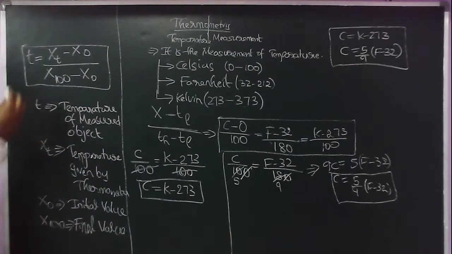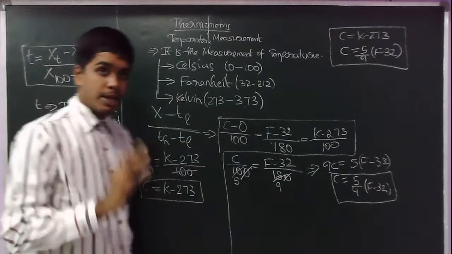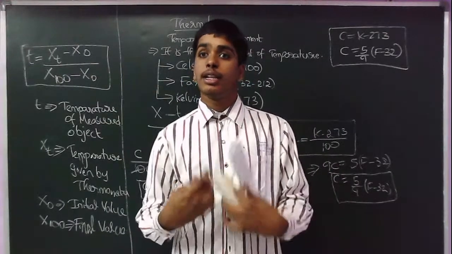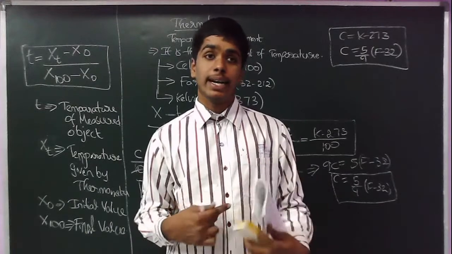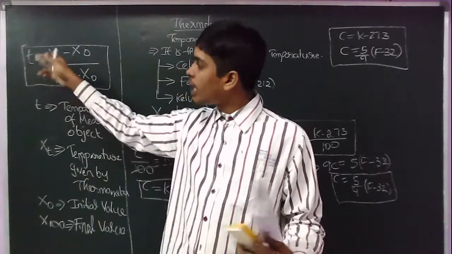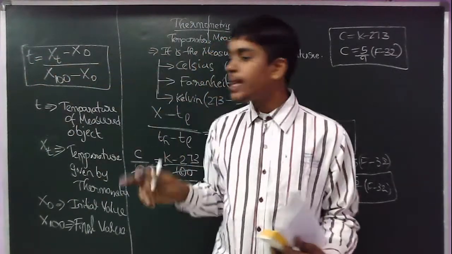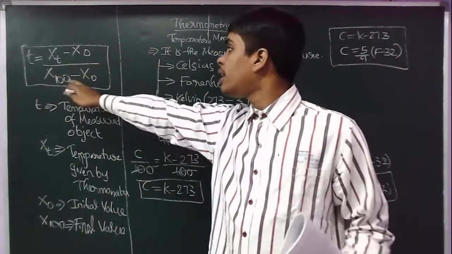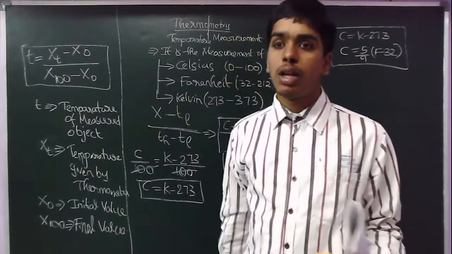Now there is a temperature T of the object. Suppose I am the object. My temperature is 37, and we have taken the Celsius scale, 0 upon 100 minus 0.